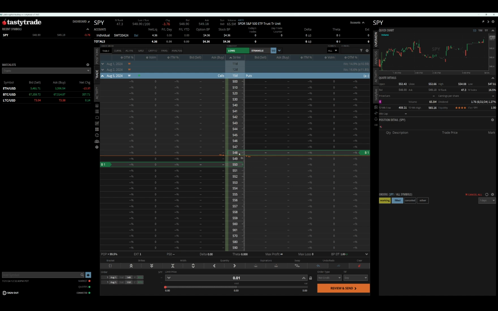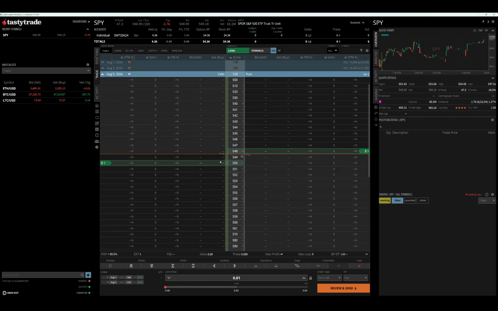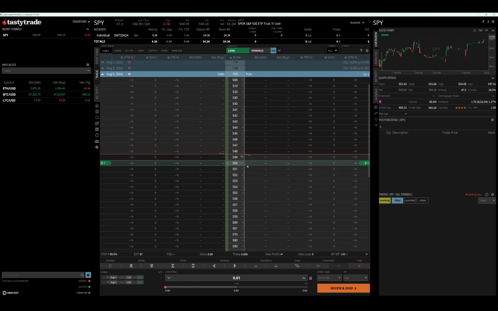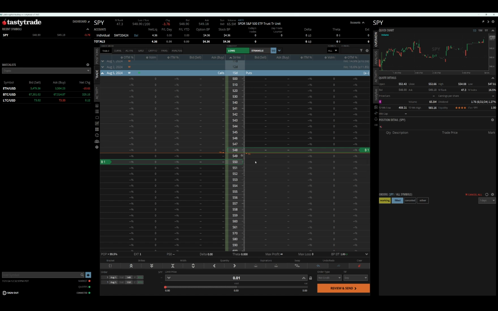So if you think, I don't know which direction it's going to go, but I feel like it's going to go really hard and fast in one direction, then you can buy yourself a strangle or a straddle, and feel pretty confident that you're going to make some good gains regardless of which direction it is. It just needs to go hard and fast. So that's a complex strategy that you can have.